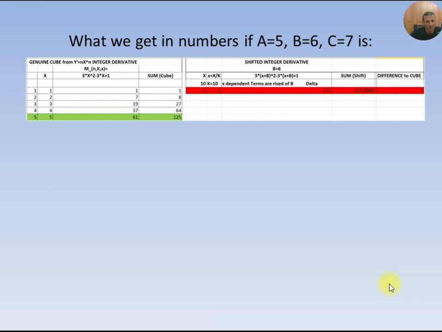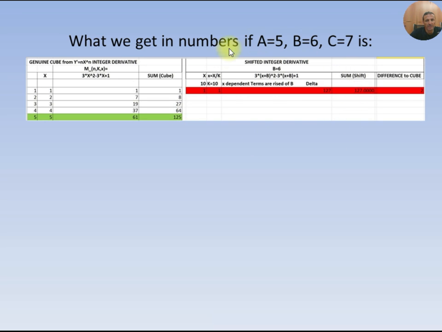It will be useful to always have in mind this example, which works for a equal to 5, b equal to 6 and c equal to 7, where you can see the first sum from 1 to 5 has as result 125, as we know, the cube of 5.